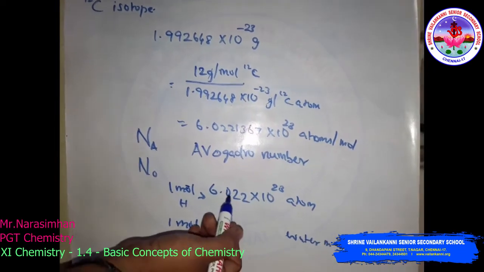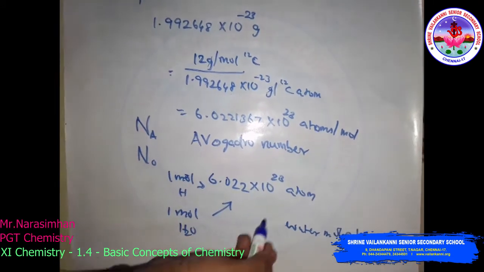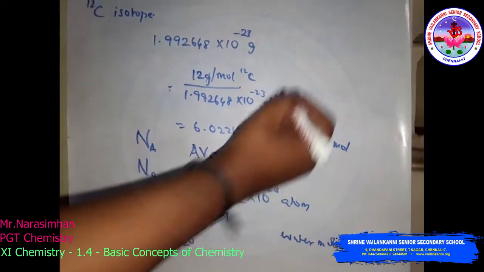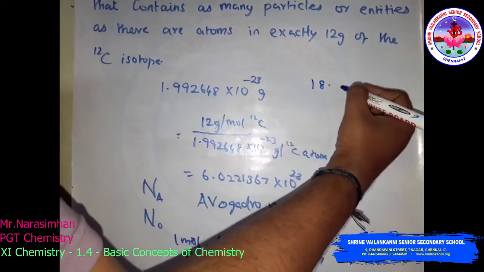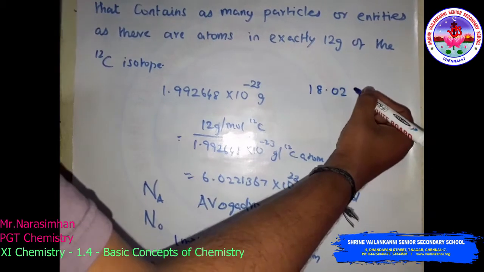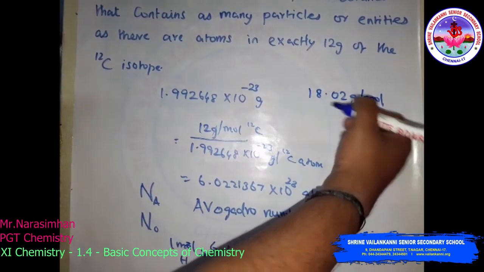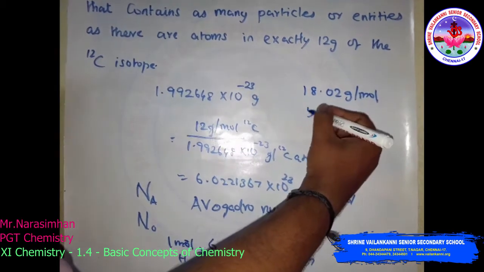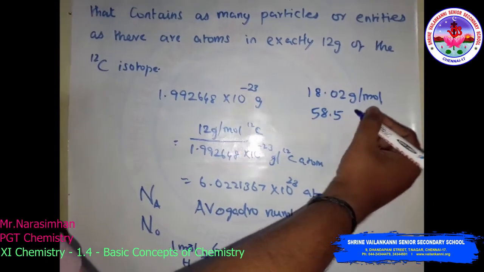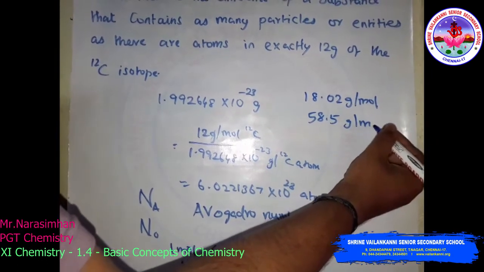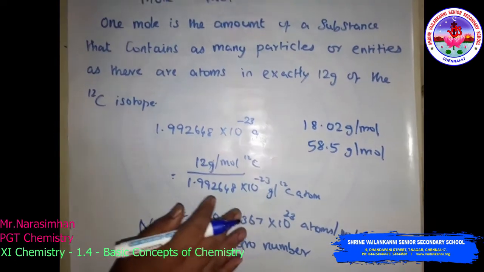The molar mass of water, already we discussed, is 18.02 gram per mole, and just the unit changes. The mass of sodium chloride, we already found, is 58.5 gram per mole. This is called mole concept.